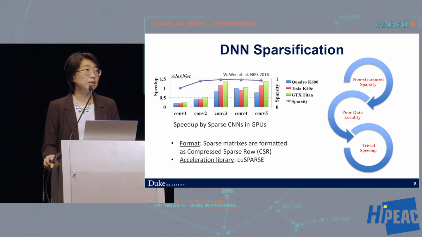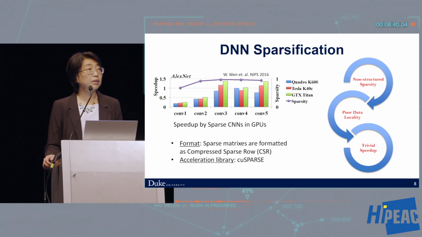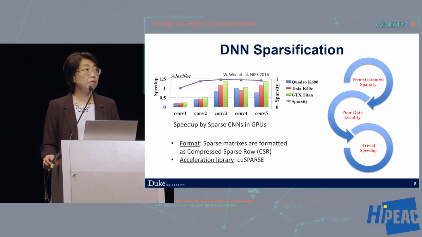The interesting situation we found is that if we apply those algorithm-focused approaches and do sparsification on deep neural networks, the purple curve on the top indicates that across the convolutional layers, the sparsification rate is always more than 80% and close to 100% in later layers.